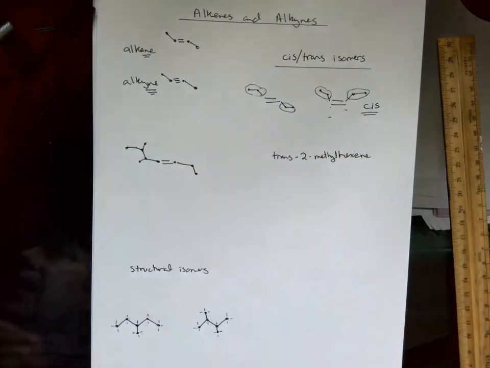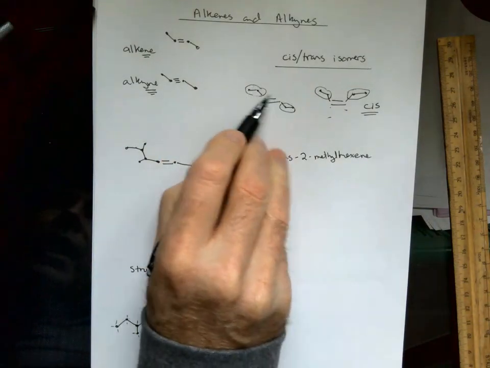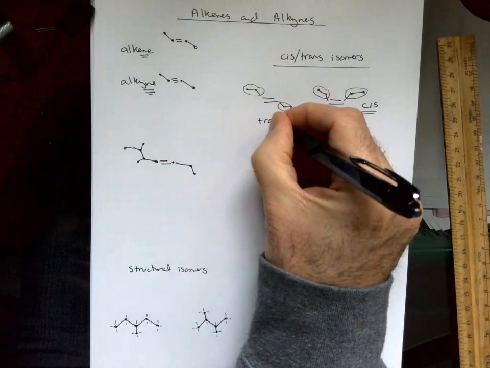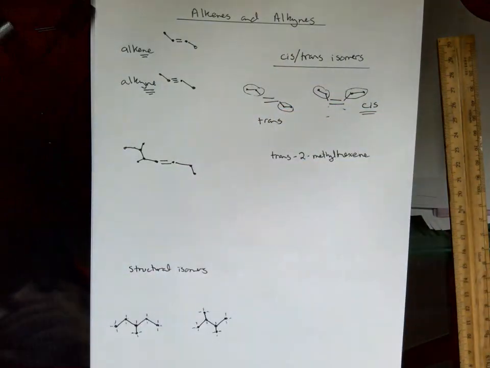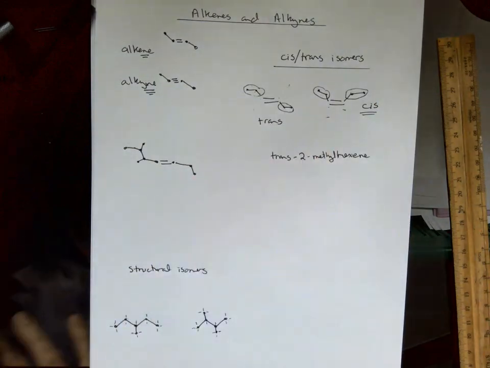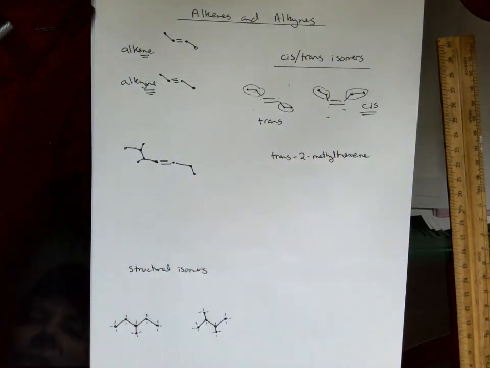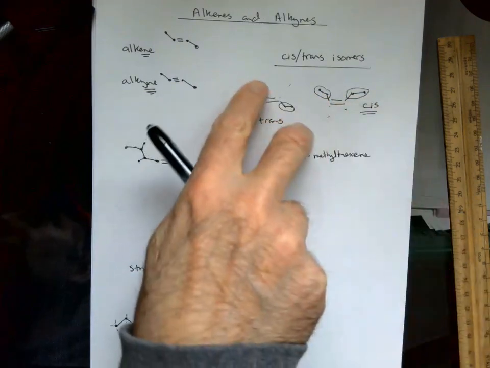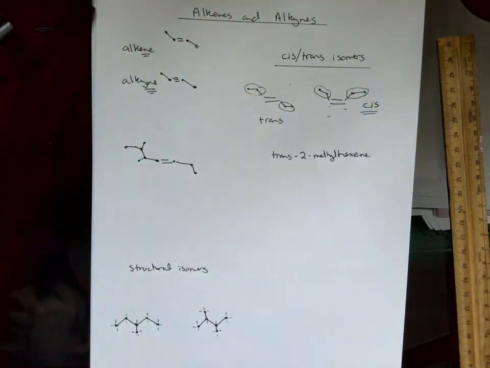Cis means same. When the tails go in opposite directions, that's trans. So trans is different. So if this tail went down and this one went up, that would still be a trans.